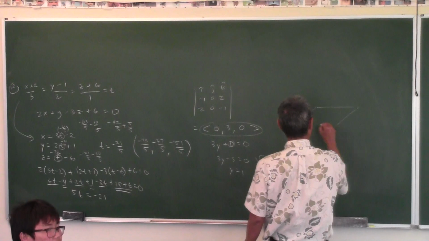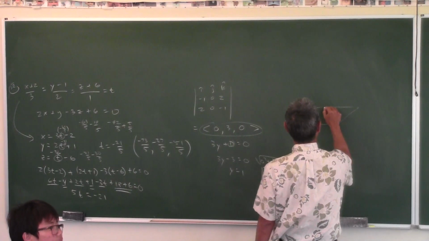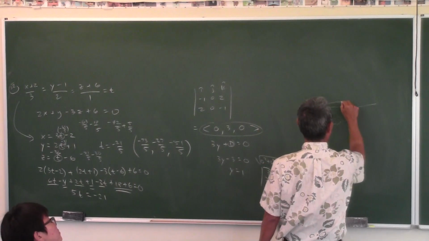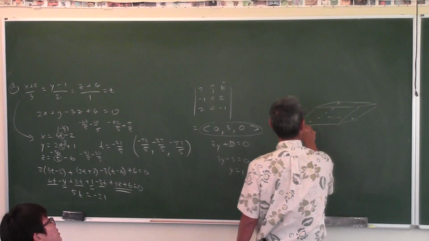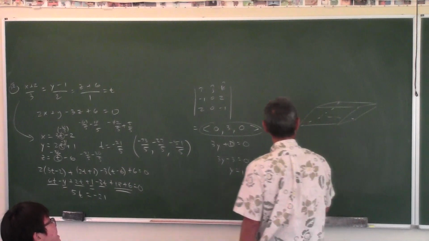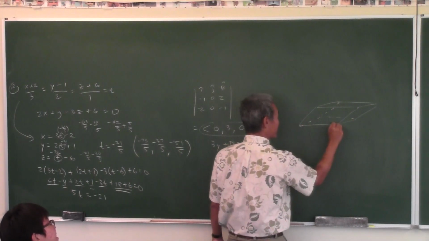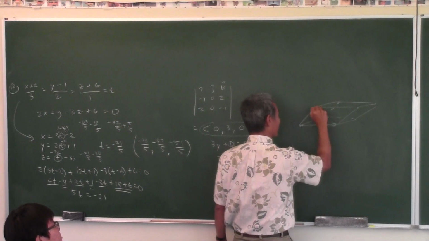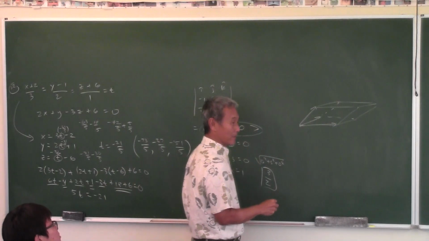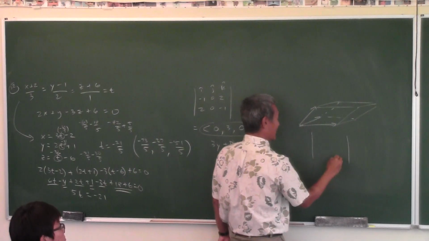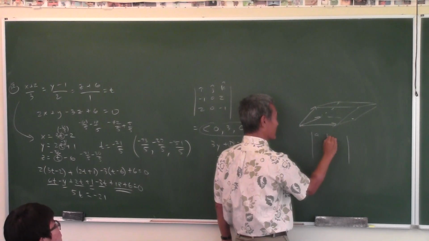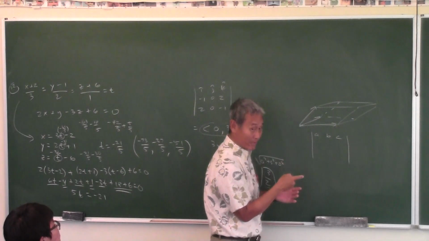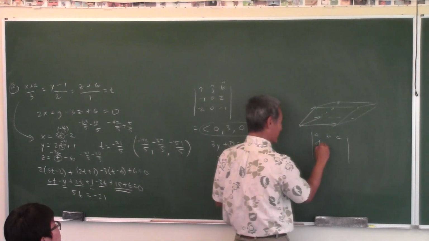Remember the parallelepiped? Now I'm going to try and draw it again. Okay, here's the parallelepiped. These three vectors form the parallelepiped. I remember I told you that if you put the components of these three vectors into a 3x3 determinant, the absolute value of this is the volume, correct?